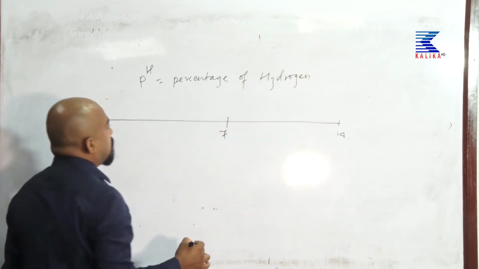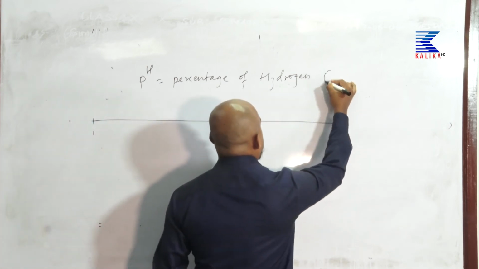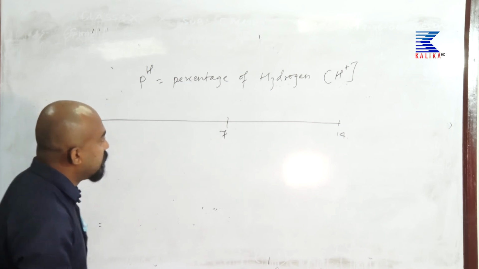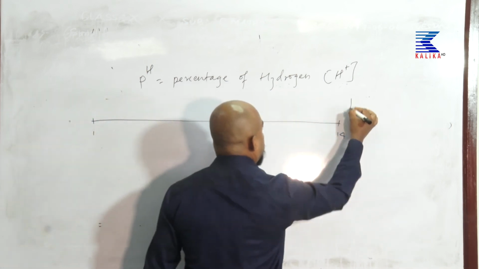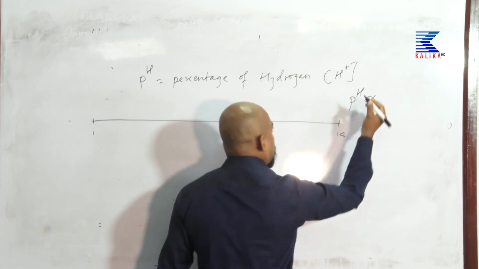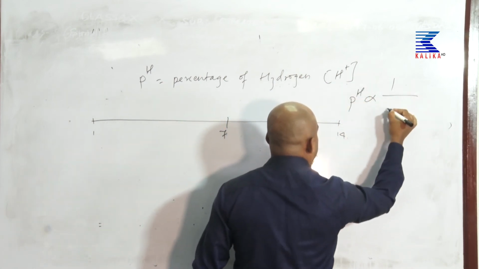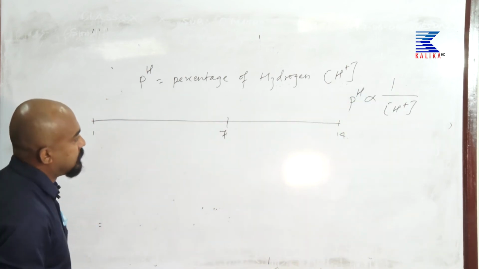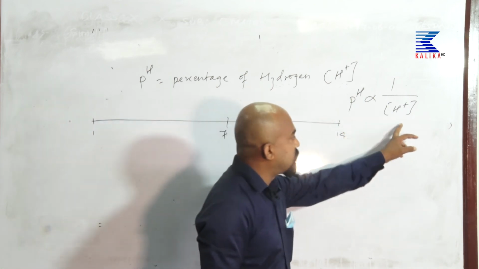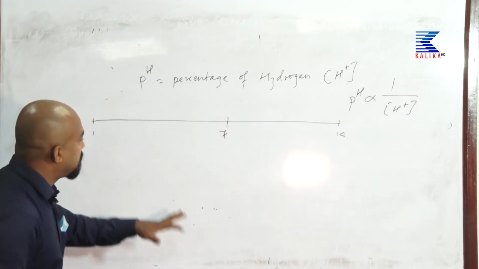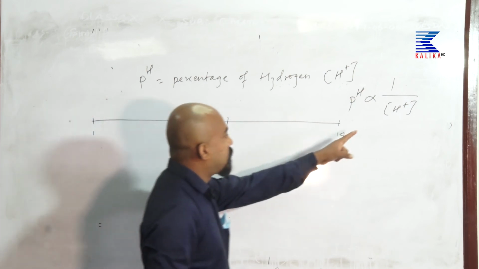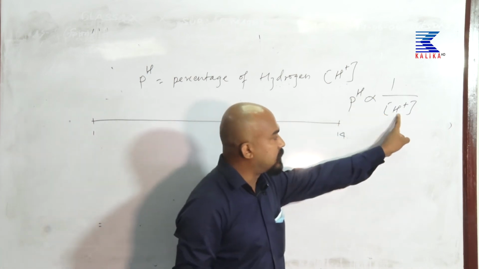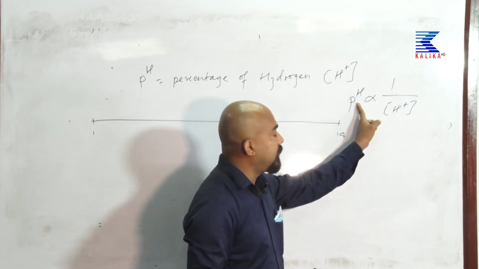Or we may say that is hydrogen ion concentration in the given solution. pH is always inversely proportional to the concentration of hydrogen ion given in the solution. That means, if there is more concentration of hydrogen ion, the pH will be less.